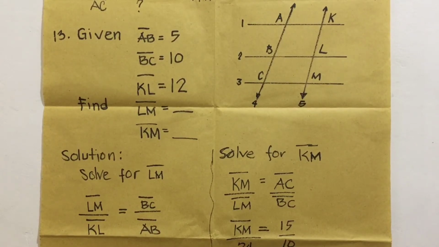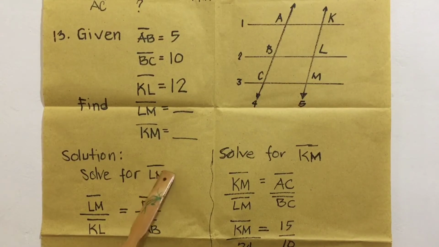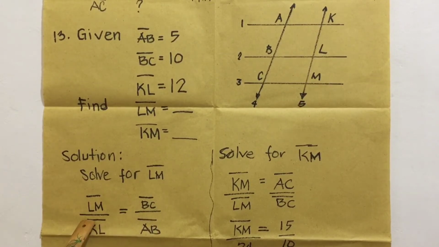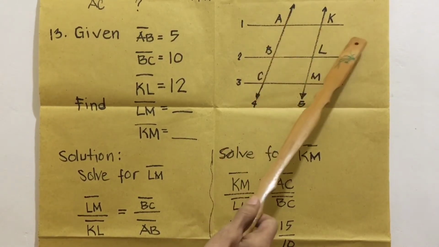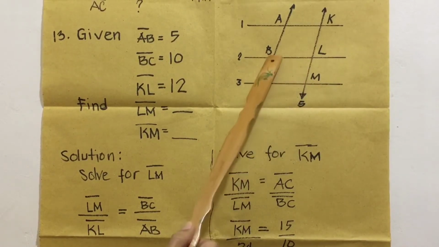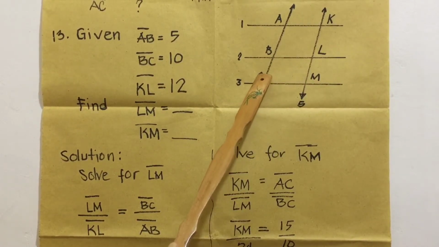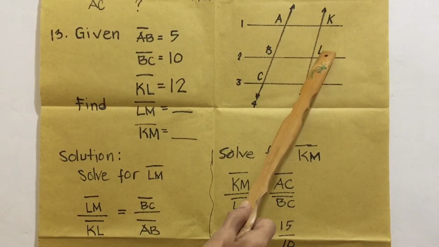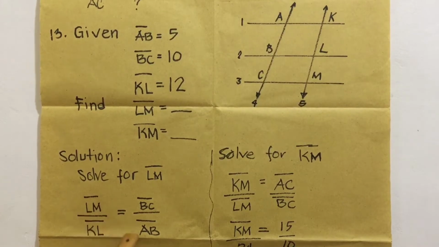So our solution, solve for segment LM. We have to examine the given proportion: LM over BC equals KL over AB.